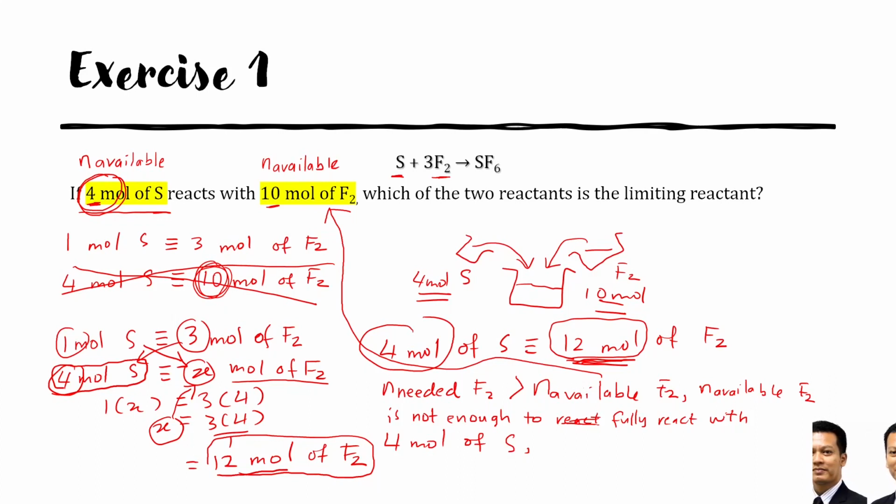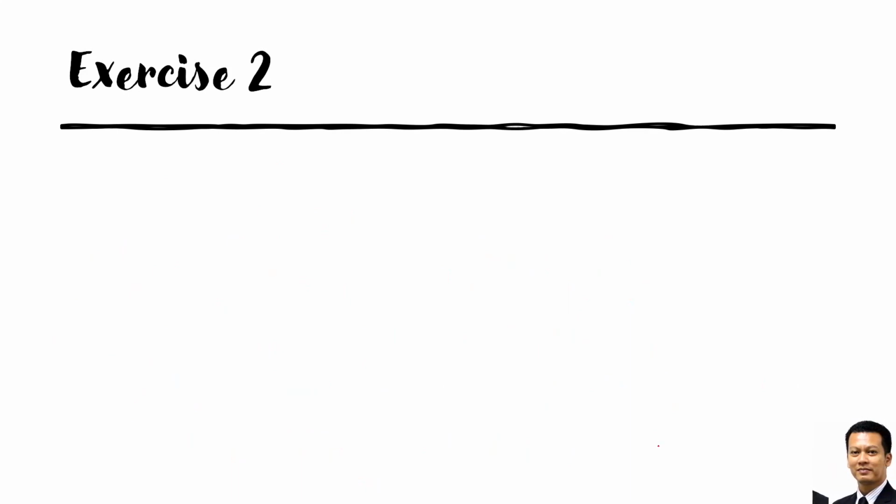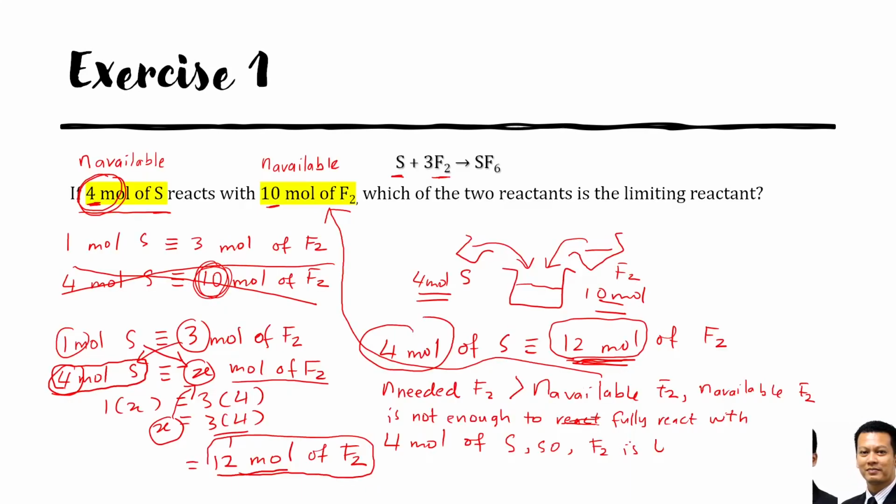You need 12 mole, but what is available to you is only 10. Okay, so F2 is the limiting reactant. Okay, so how do we know F2 is the limiting reactant?